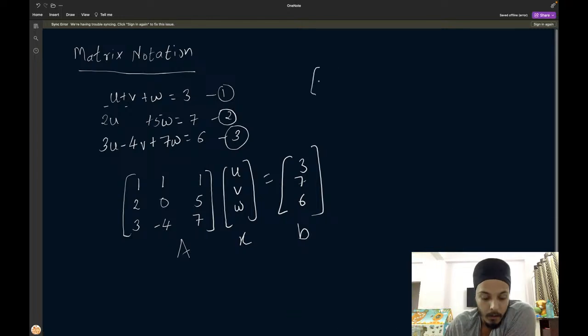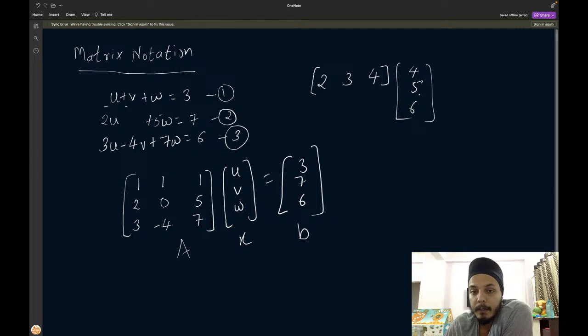So let our numbers be 2, 3, 4, and then this is a 1 cross 3. So here we will need to have a 3 cross 1 matrix. So let it be 4, 5, and 6. So when you do the multiplication, it will be nothing but 2 cross 4 plus 3 cross 5 plus 6 cross 4.